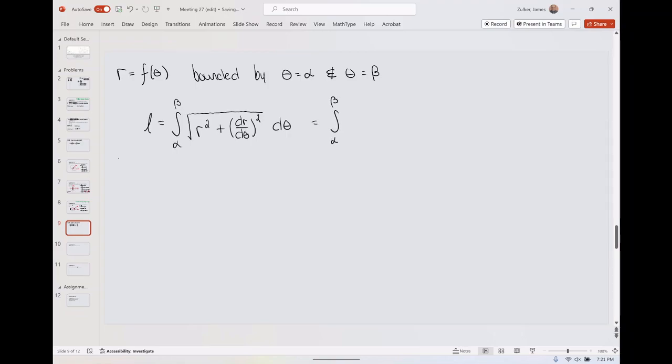Or if you keep it in function form, f squared plus f prime squared.